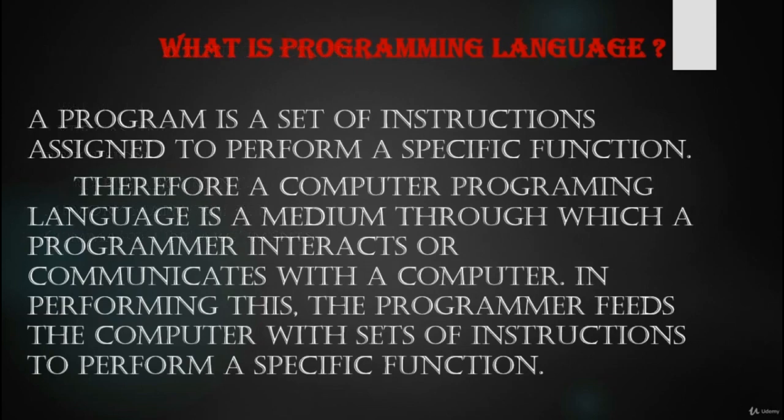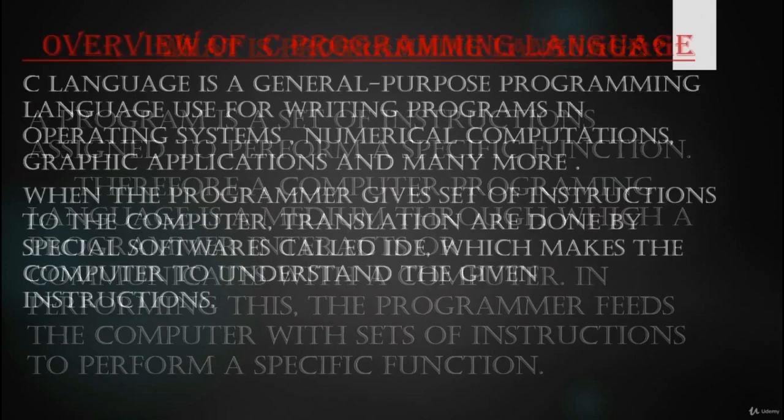Now, a program is a set of instructions assigned to perform a specific function. Therefore, a computer programming language is a medium through which a programmer interacts or communicates with a computer. In performing this, the programmer feeds the computer with sets of instructions to perform specific functions.